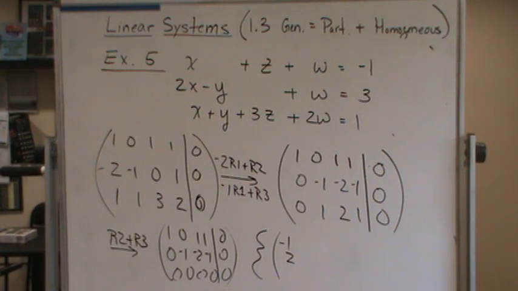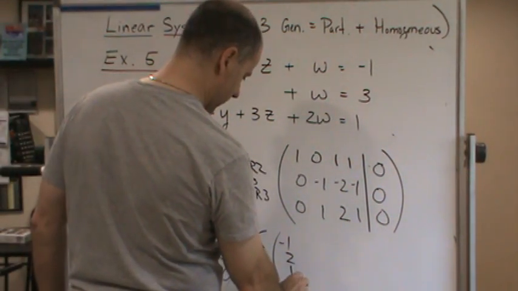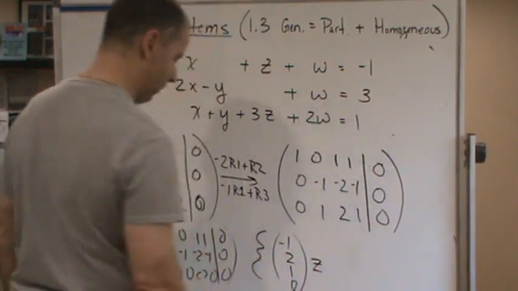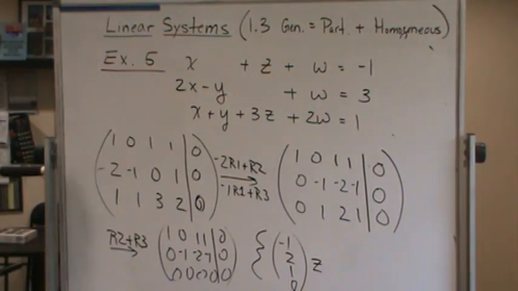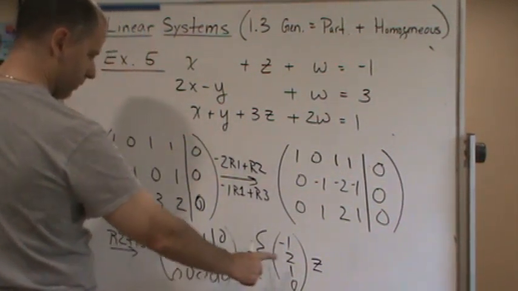Now the next one is going to be Z, because we're dealing with Z, so it'll be 1 and then 0, right? For X, it's going to be -1, right?